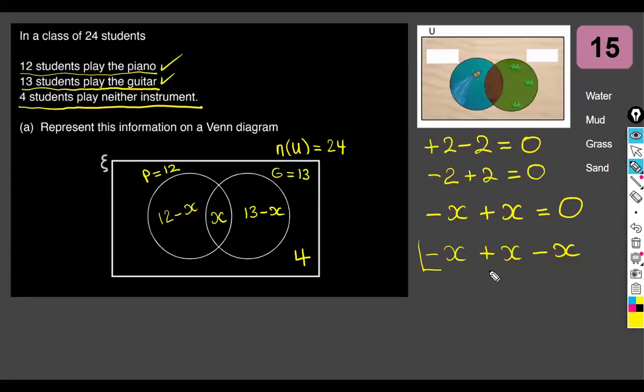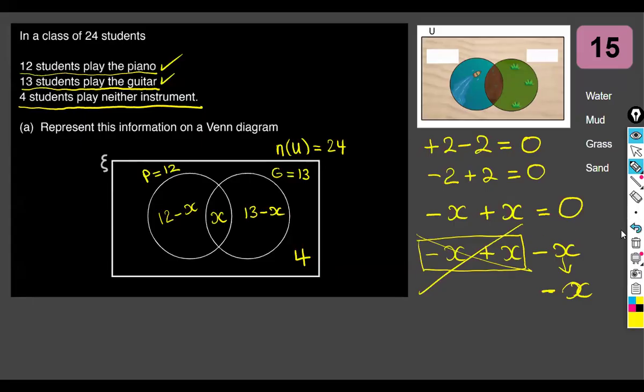You can group it in twos. Minus x plus x is 0, so this will boil down to nothing. So you'll be left with what only? Minus x. Minus x plus x will cancel out to 0. You don't have to write the 0, and it will just leave you with minus x. Everyone okay with that?